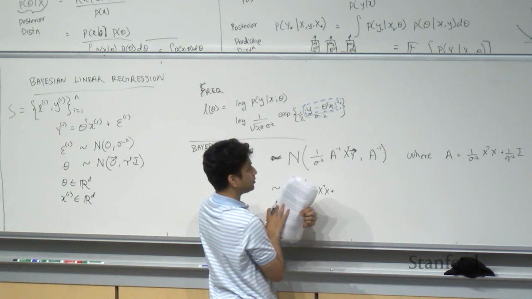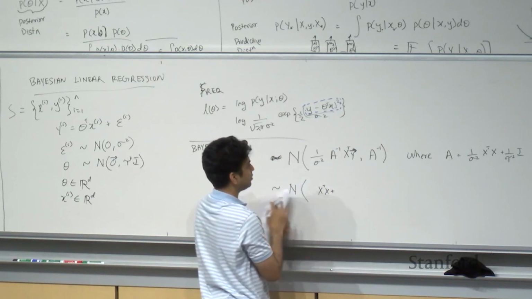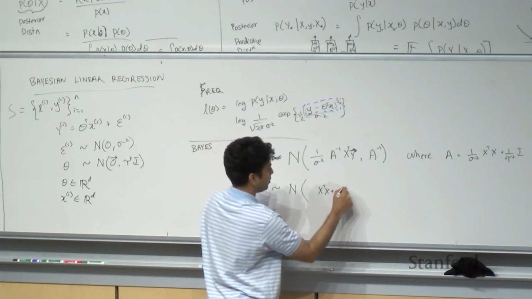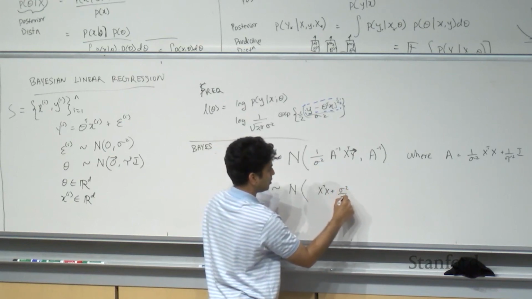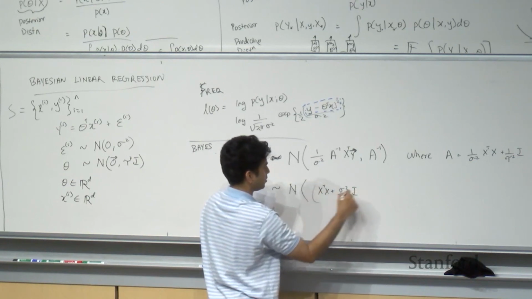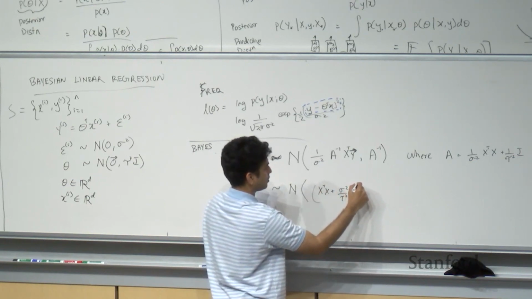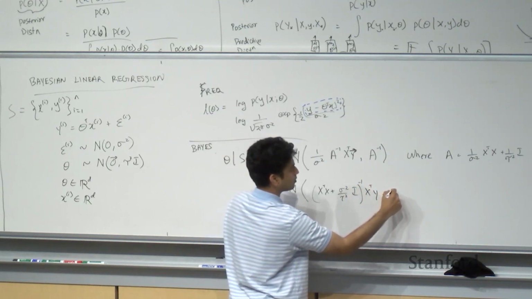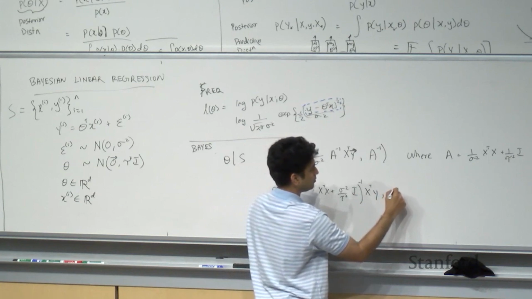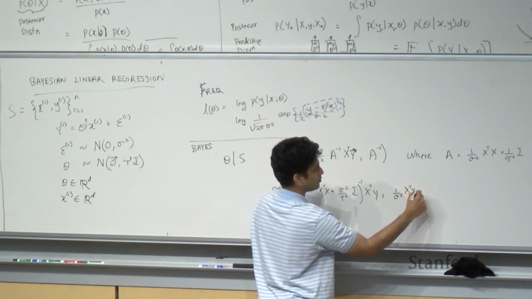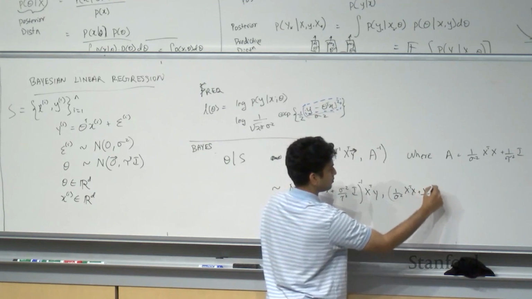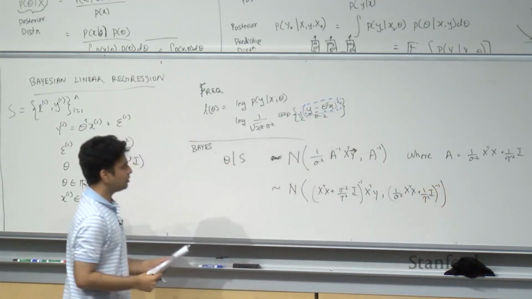A is 1 over sigma square, okay, that goes out. Right. What do we have here?